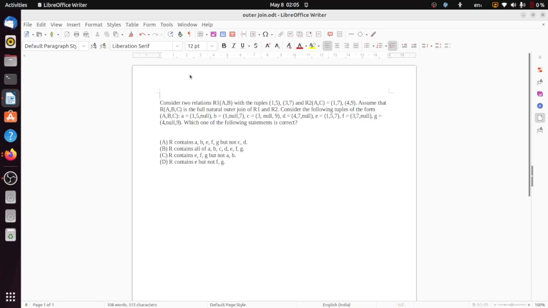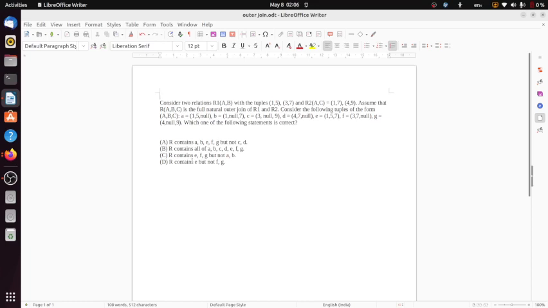Consider the following tuples of the form (A, B, C): A equals (1, 5, null), B equals (1, null, 7), C equals (3, null, 9), D equals (4, 7, null), E equals (1, 5, 7), F equals (3, 7, null), and G equals (4, null, 9). Which one of the following statements is correct? There are four options, A, B, C, D.